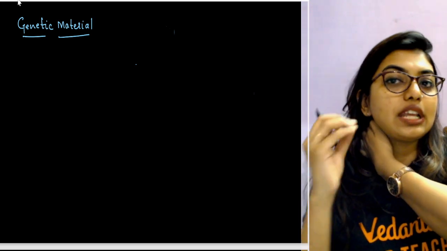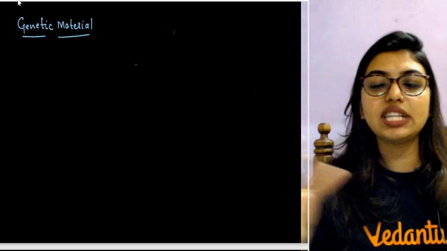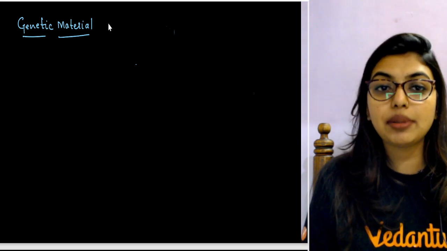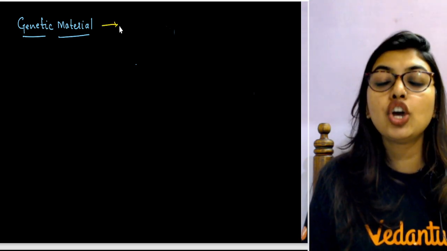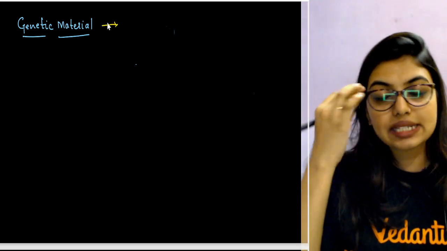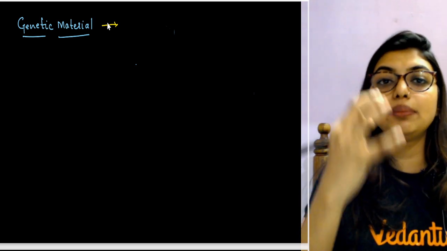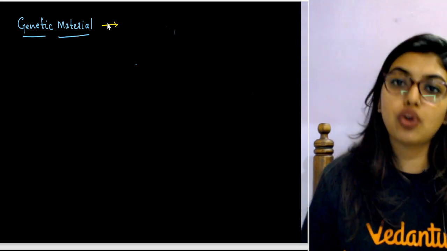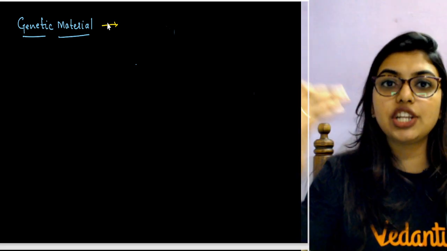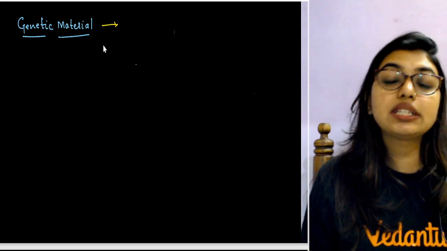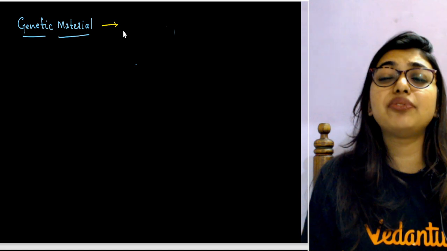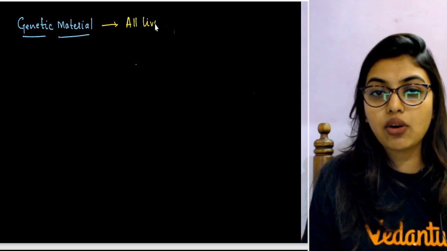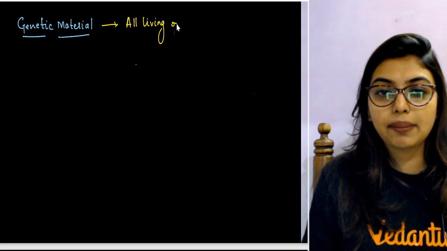That is how the information is broken or leaked, or there is a change in what is inherited. But in our body, that will never happen, because the genetic materials are so well maintained that the entire information will be inherited from your parents to you, from you to your kids, generation after generation. So genetic material is not a simple thing, it is a very necessary thing, and all living organisms have it.